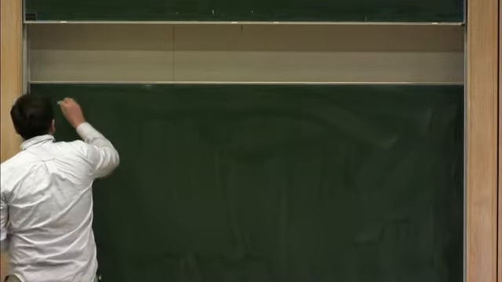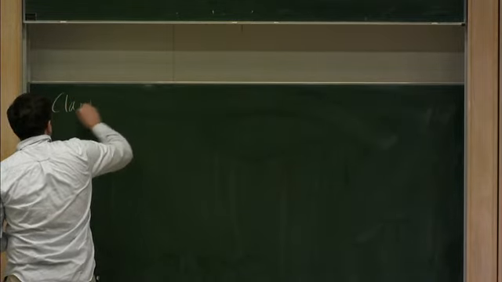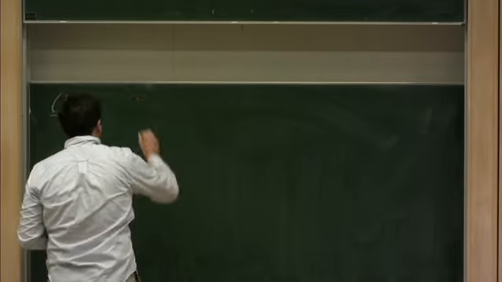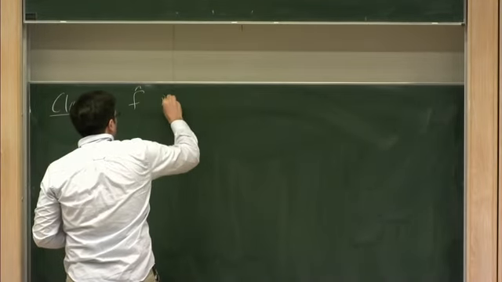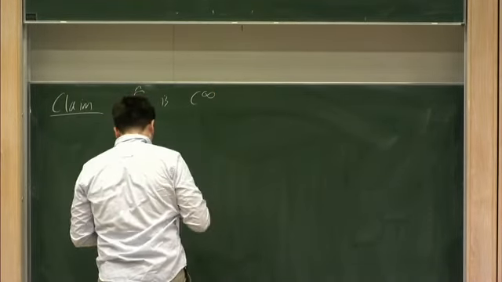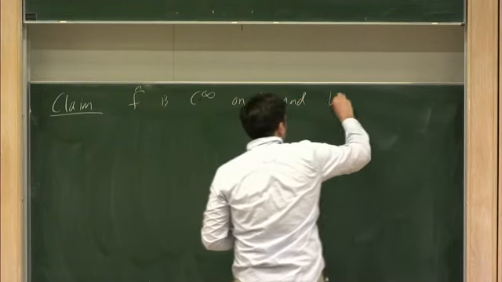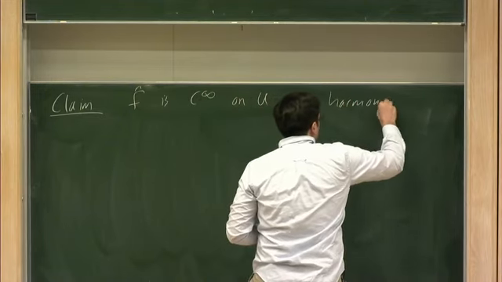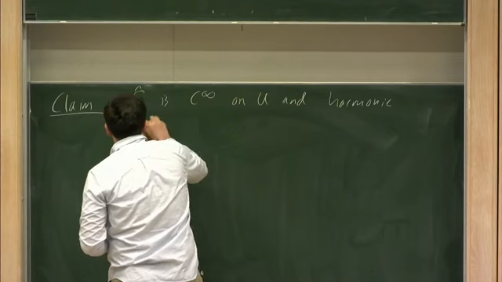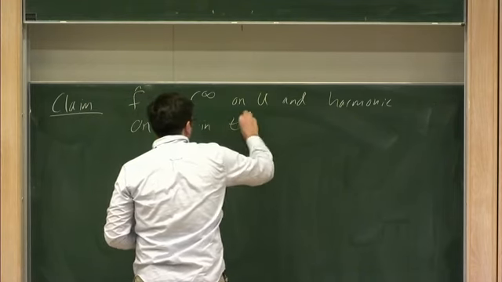So here's the claim that will finish off our proposition: f hat is actually C infinity on U, and it's also harmonic on U in the usual sense.